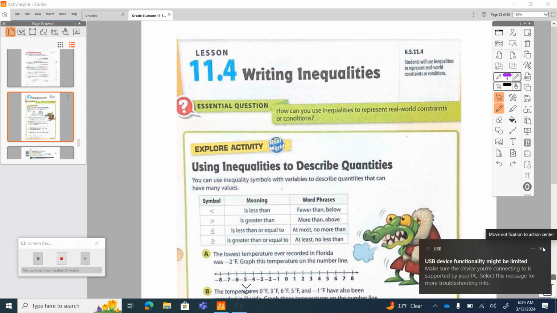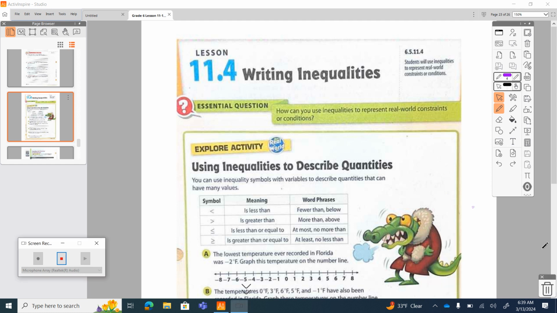Okay. So how can you use inequalities? Inequalities, let's review, are the less than symbol, the greater than symbol, the less than or equal to symbol, or the greater than or equal to symbol.